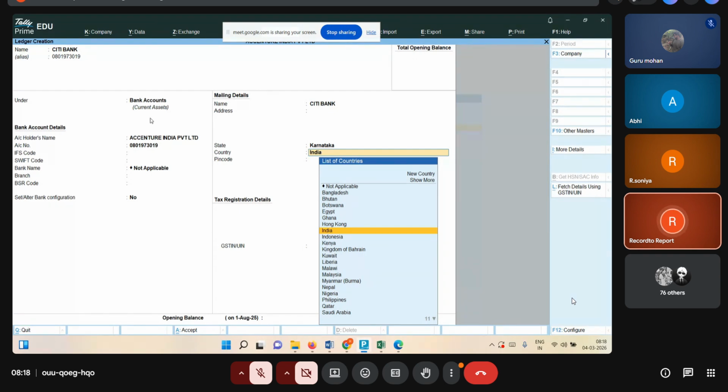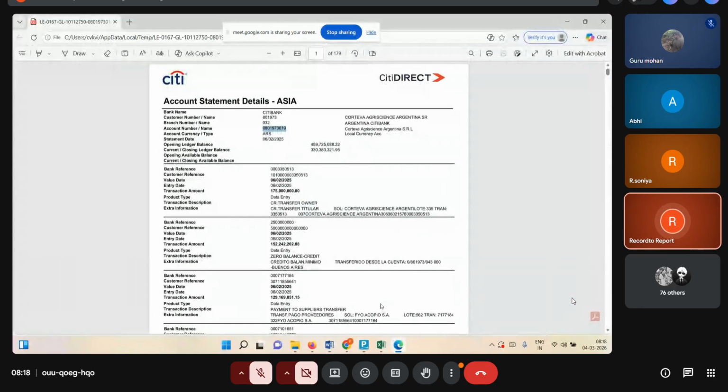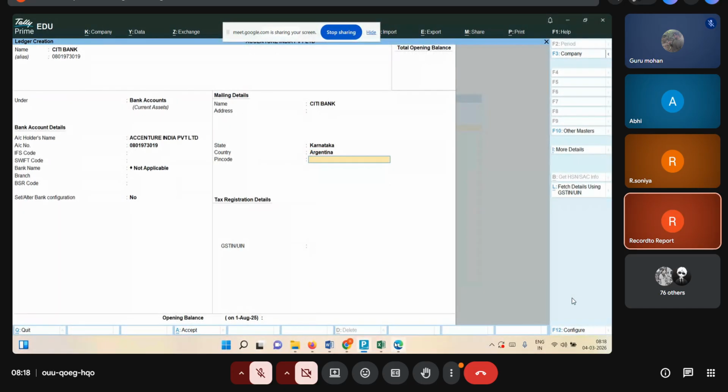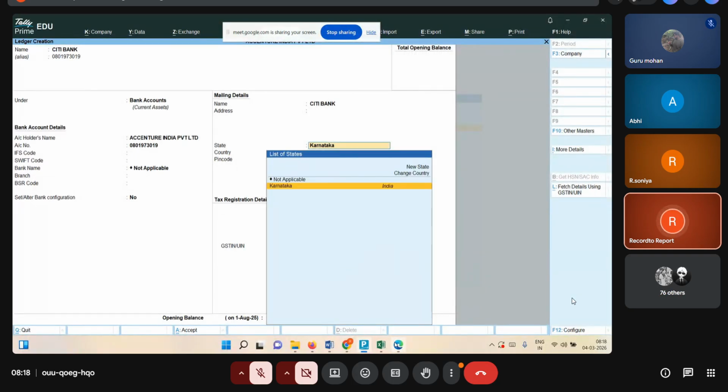So the bank belongs to which country? The bank belongs to Argentina, I think so. Argentina. Okay. Which country, guys, is it? Argentina. Okay.